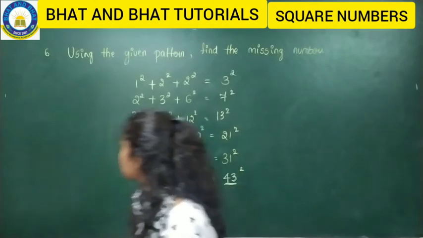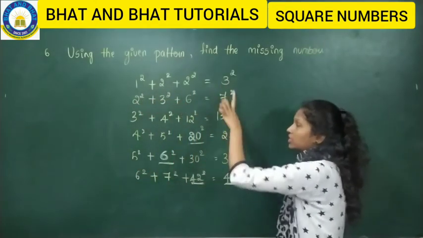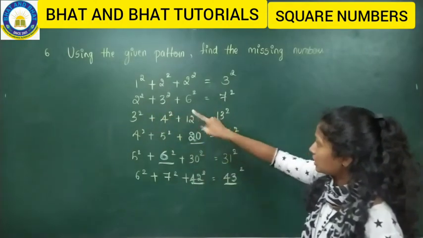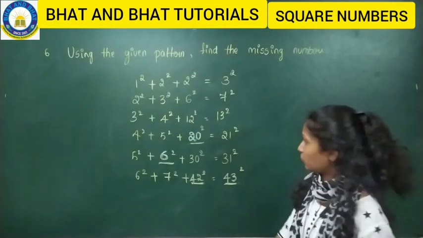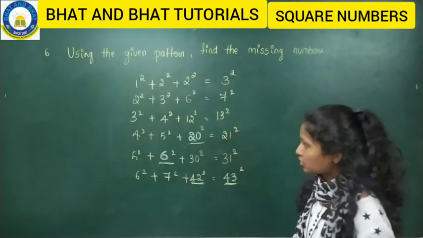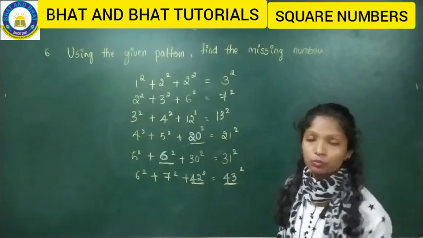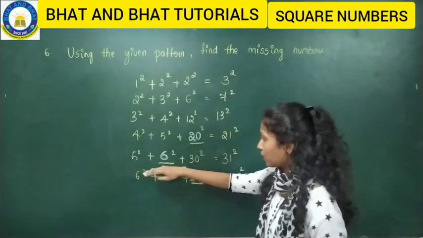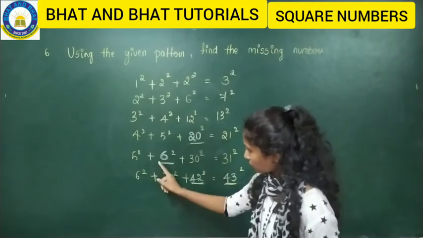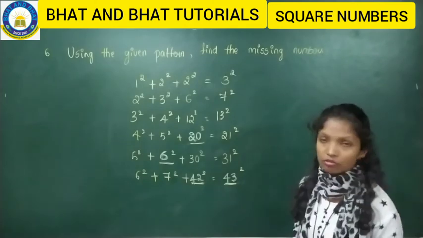See, once again, I'll just explain to you. 1 square plus 2 square plus 2 square is equal to 3 square. 2 square plus 3 square plus 6 square is equal to 7 square. 3 square plus 4 square plus 12 square is equal to 13 square. 4 square plus 5 square, they haven't given you this and they have given you 21 square. So 5 square plus 6 square plus 30 square is equal to 31 square. And this one number is also not given. And here this number and this number is not given.